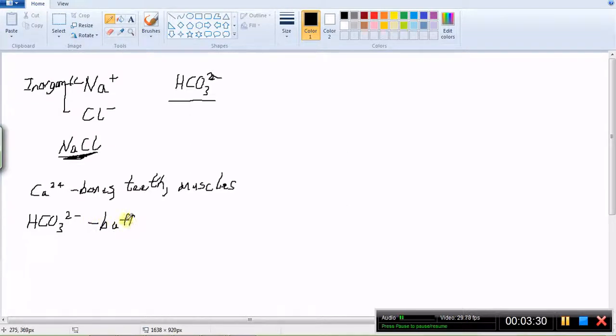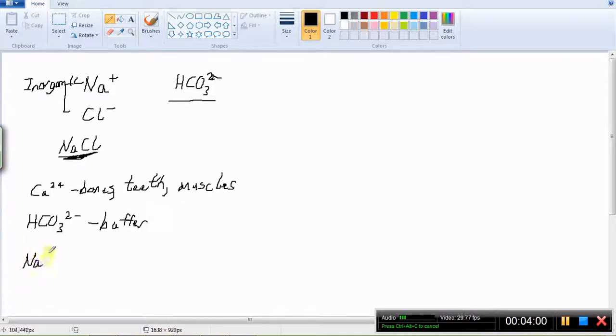That word might not mean anything to you now. It will when you take chemistry. Basically that just means it keeps the acid level in our blood constant. So it doesn't let our blood get too acidic, and it doesn't let it get too basic. It keeps the pH of our blood in a small range, and this ion helps do that.